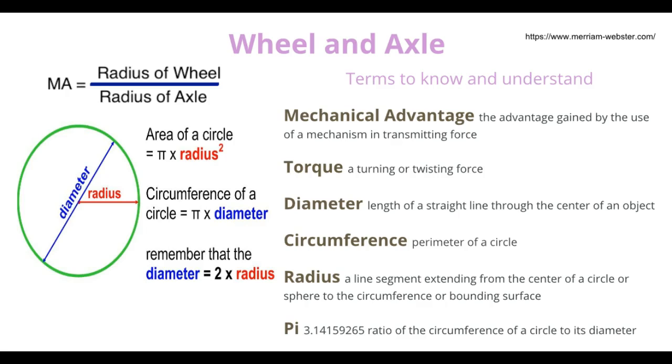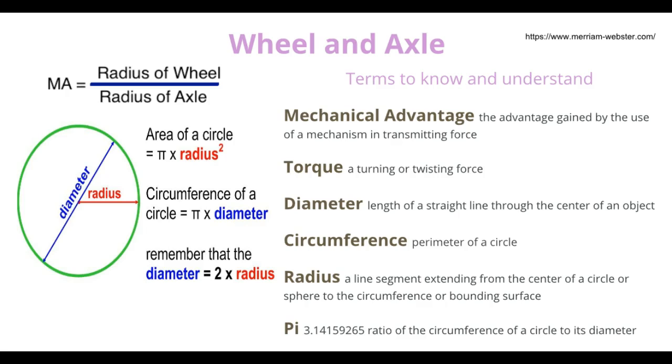Another word is torque. We're not really going to get too much into torque, but I did think you need to understand what torque is, being that we are talking about a wheel and axle, and that's the turning or twisting of force. We're going to talk about the diameter. The diameter, if you need a refresher from math class, is the length of the straight line through the center of an object. And then we have our circumference.